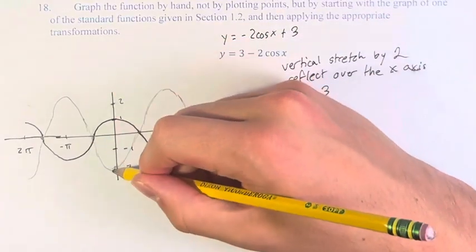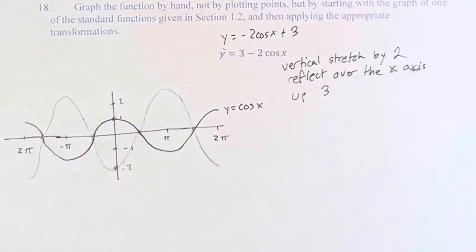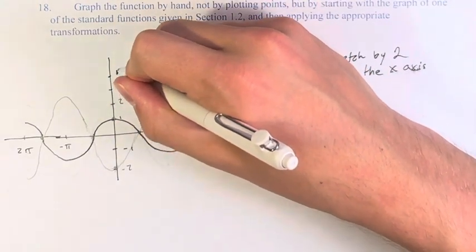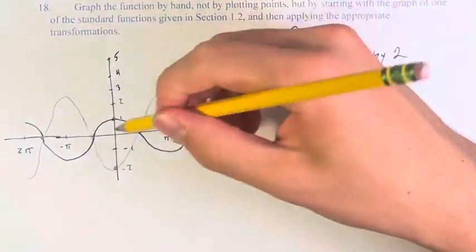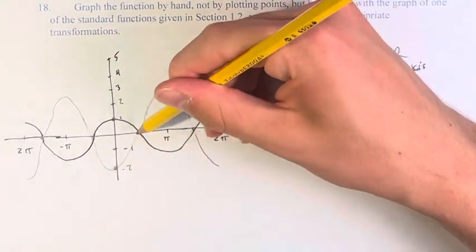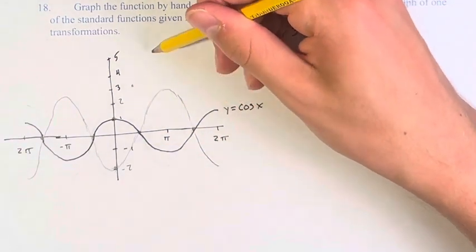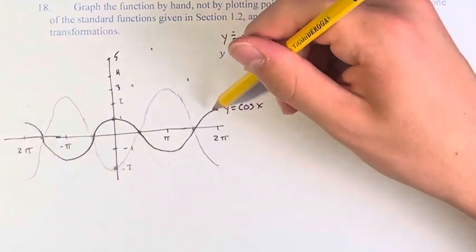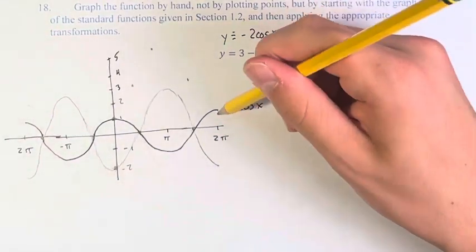So we can just go each point. This point becomes here, and we are going to have to go up further on this axis to 3, 4, 5 is the new maximum, because the old maximum was 2. So we go from negative 2 to 1, 0 to 3, 2 to 5, 0 to 3, and negative 2 to 1.